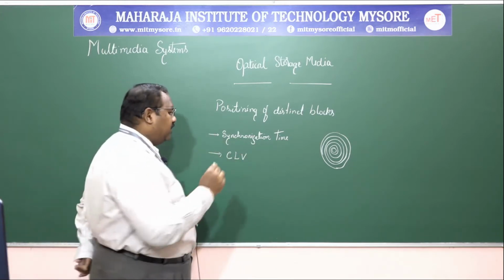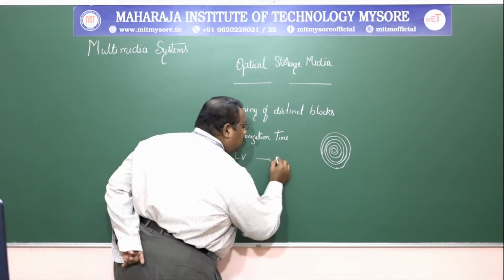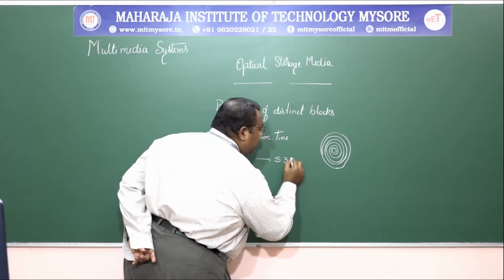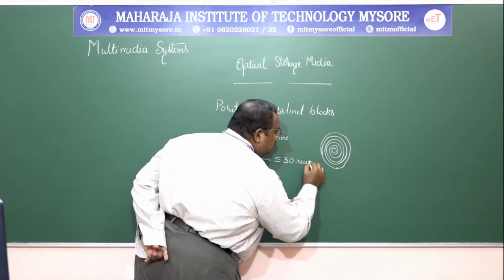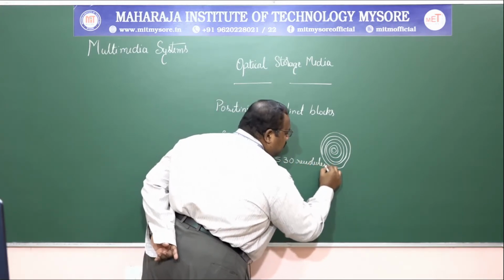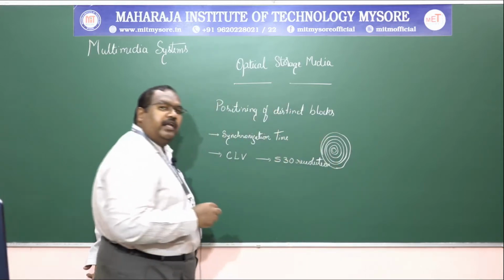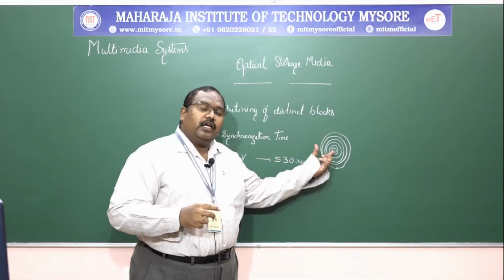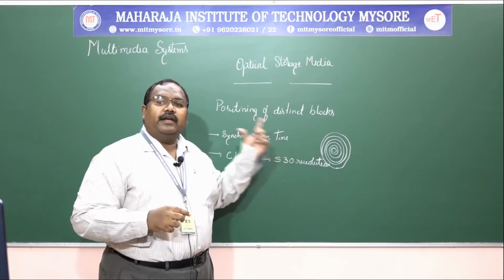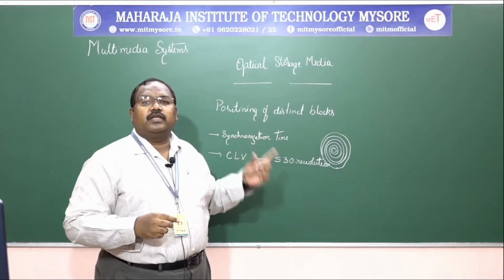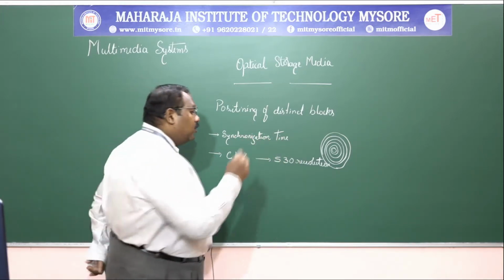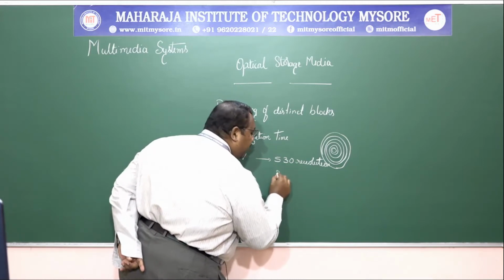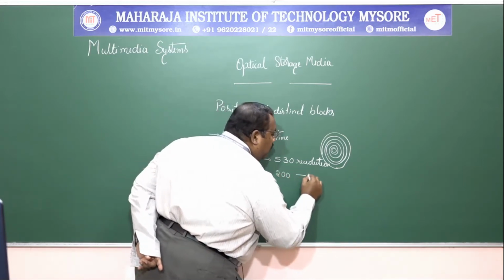When we talk about revolutions, there might be 530 revolutions at the inner portions. When the inner portion has 530 revolutions, what would the outer side have? The outer side would have encountered only 200 revolutions.